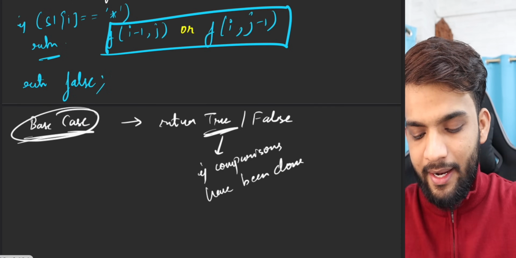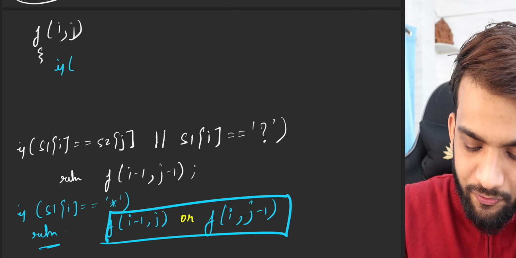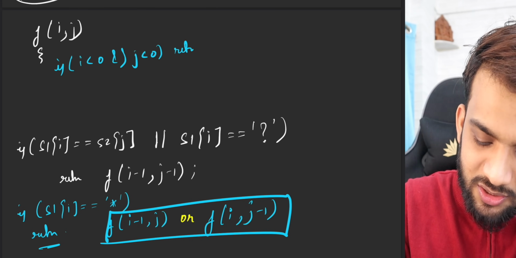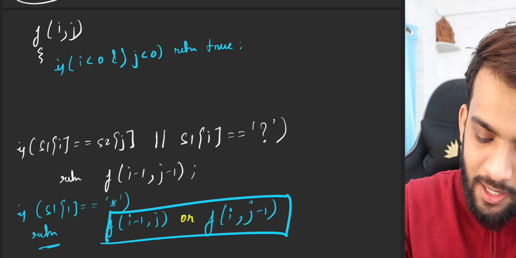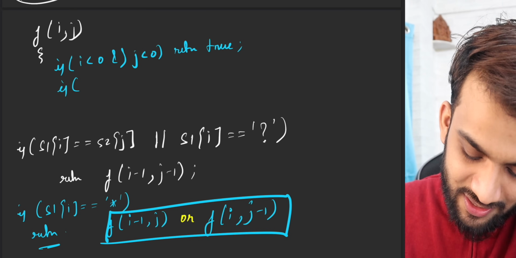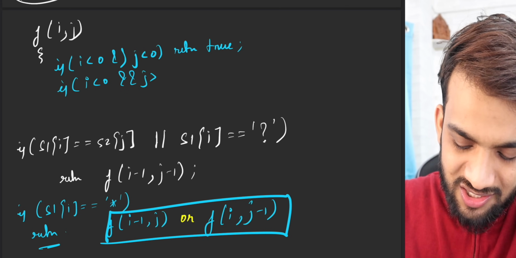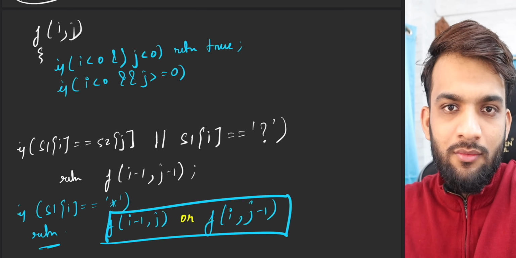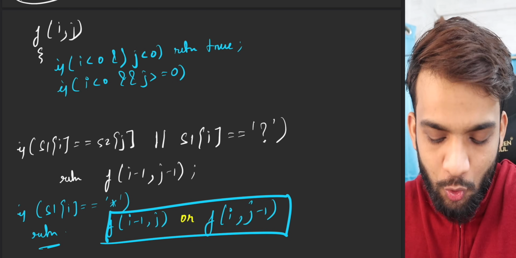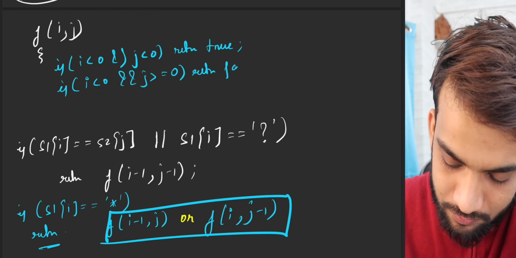Let's go back and try to write the base cases. Very straightforward. If both of them got exhausted, then the comparison has been successful. If this is exhausted and j is still remaining, that means there are still comparisons from the string s2 remaining, but you don't have anything to compare, so return false.